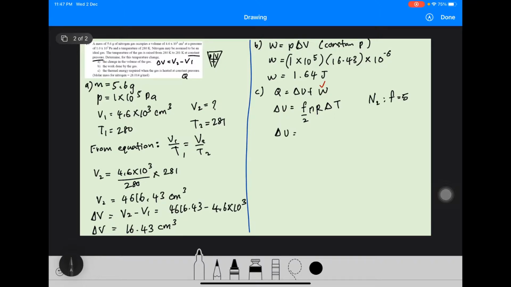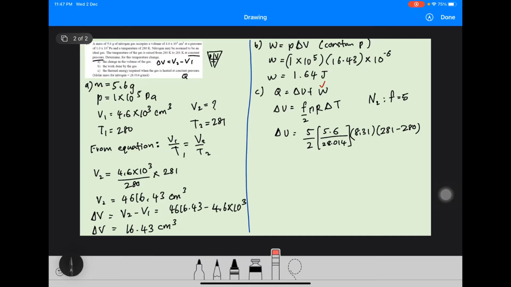So delta U is equal to 5 over 2. The number of moles, you can calculate using mass over molar mass. So it should be 5.6 is the mass given. Molar mass is equal to 28.014. The R constant is 8.31. Delta T is actually 281 minus 280. So that one is 1.